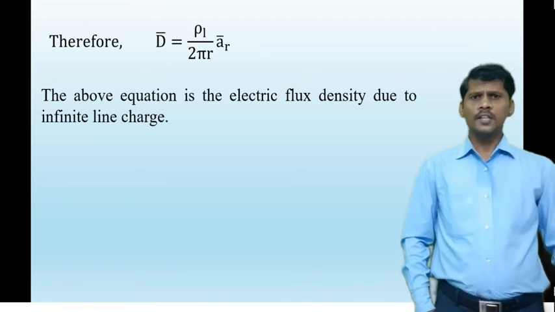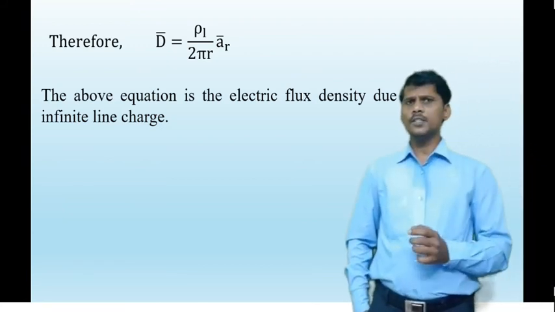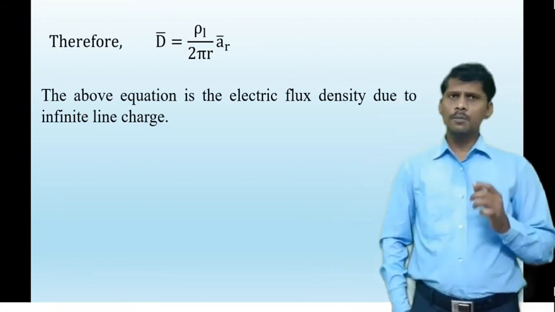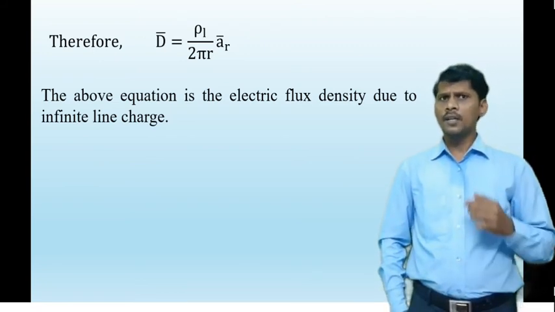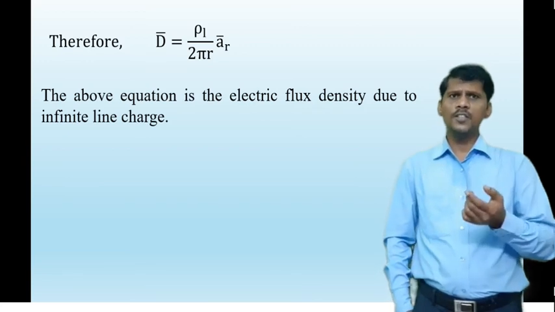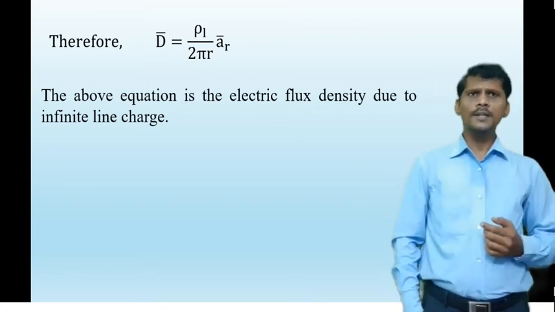We know the relationship between electric field intensity and electric flux density: D bar is equal to epsilon naught into E bar. Now calculate the electric field intensity. E bar is equal to D bar by epsilon naught.